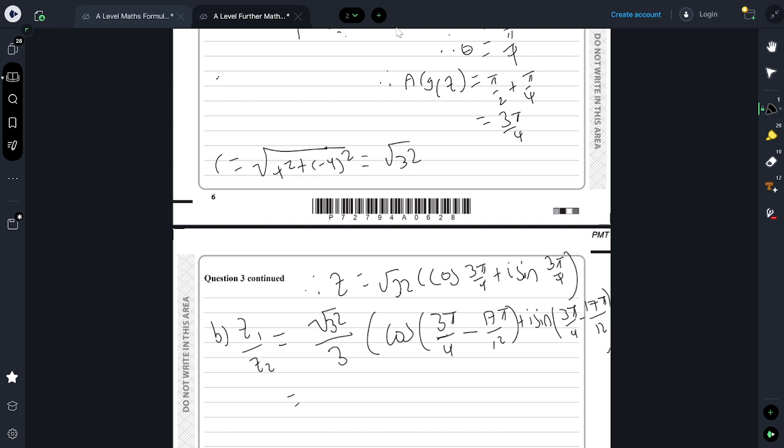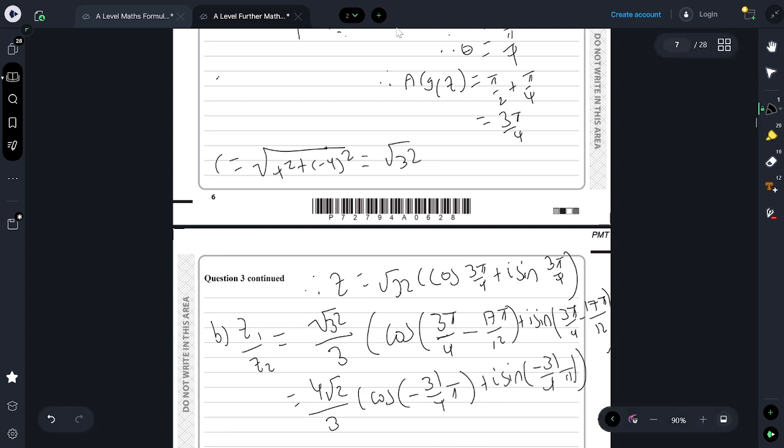Oh, actually, does root 32 simplify to anything? 4 root 2. So 4 root 2 over 3 of cos, and then 3 over 4 minus 17 over 2 gets you minus 31 over 4 pi, plus i sine minus 31 over 4 pi.